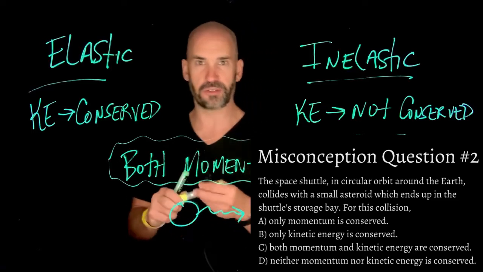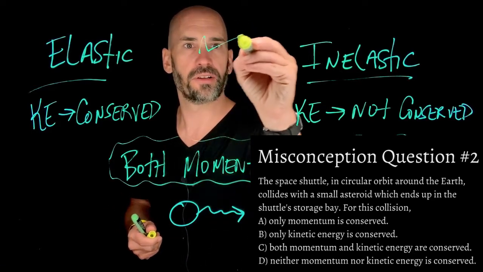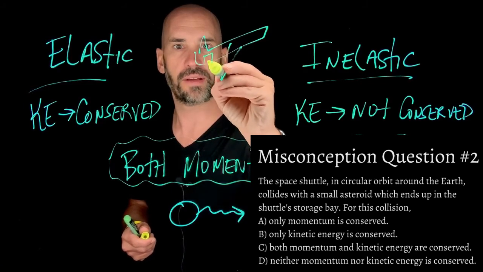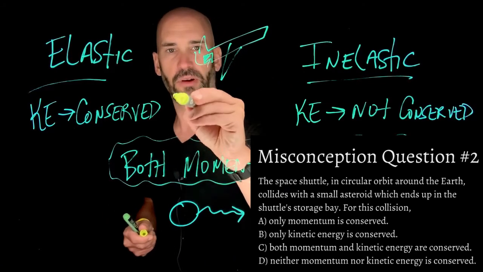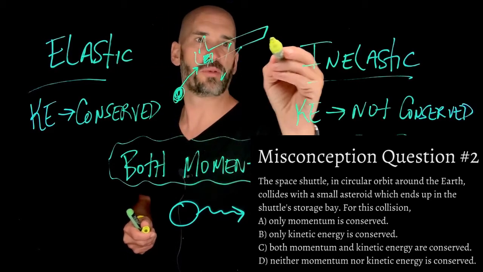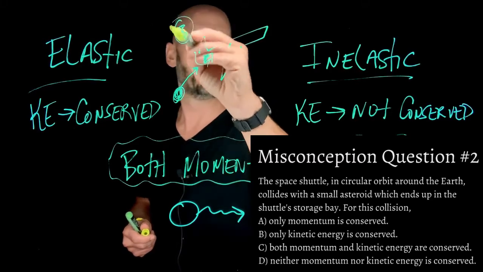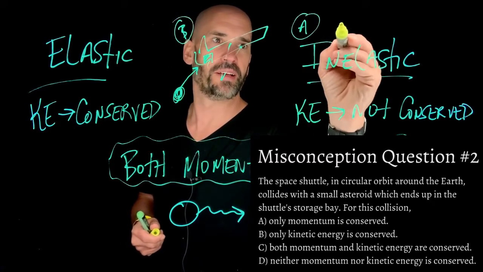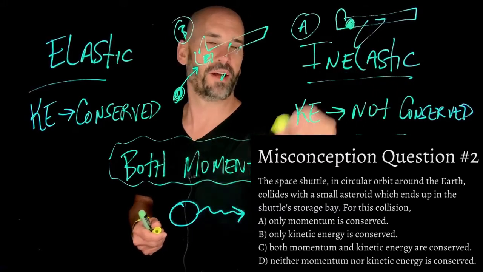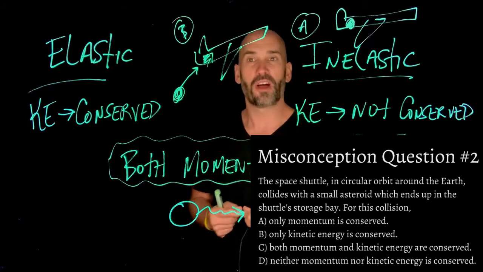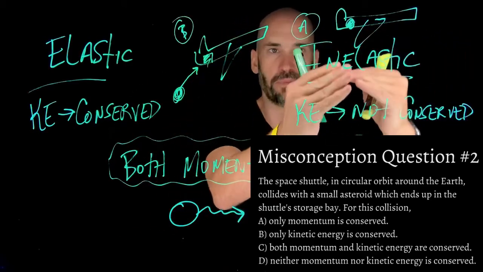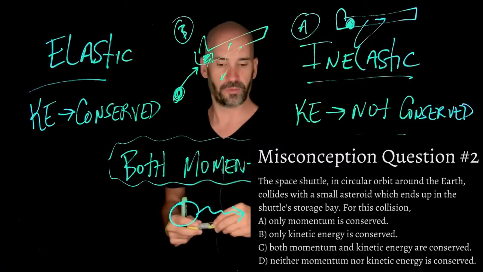So in other words, here is the shuttle, here is the storage bay, and a little asteroid comes in, and it ends up going into the storage bay, so that if this is before, then your after is going to be the shuttle, and then the asteroid's in the storage bay. This is exactly what we were just talking about. Two separate objects before the collision, and then after the collision, they're one and the same. They are part and parcel.